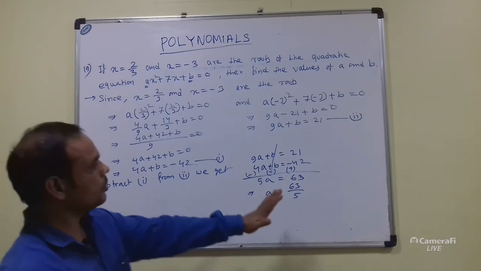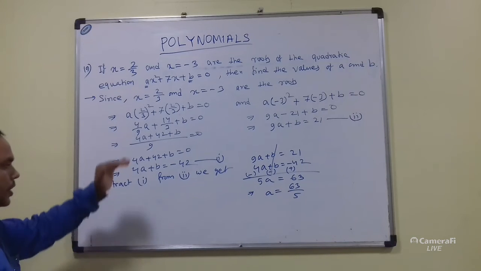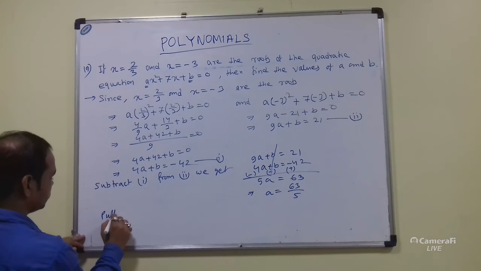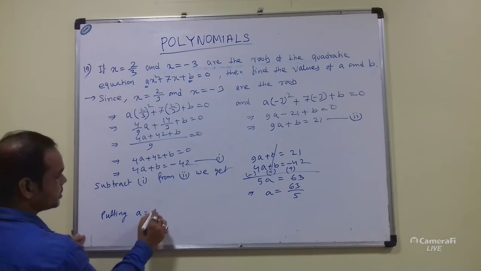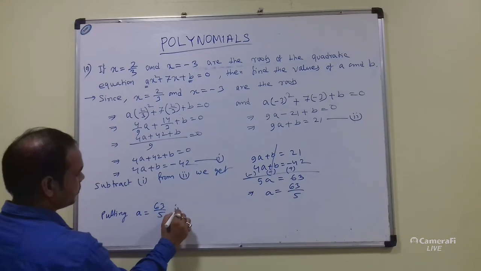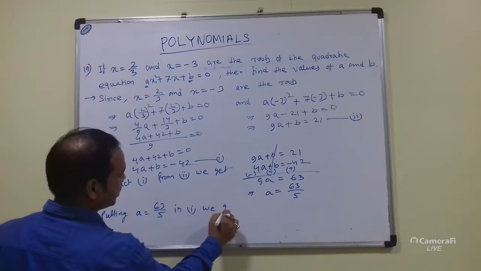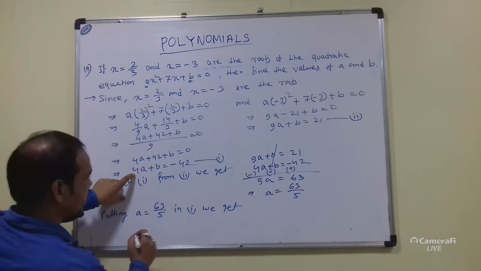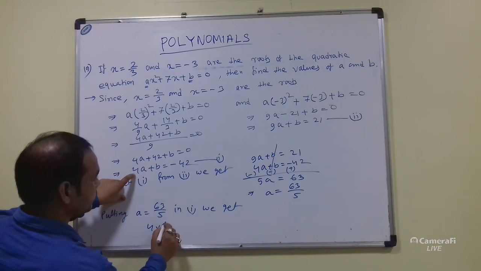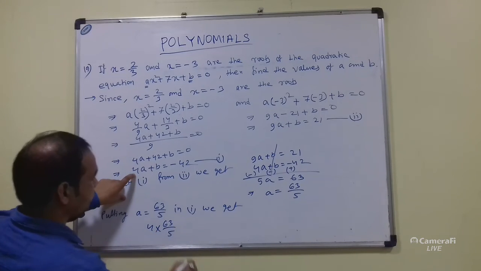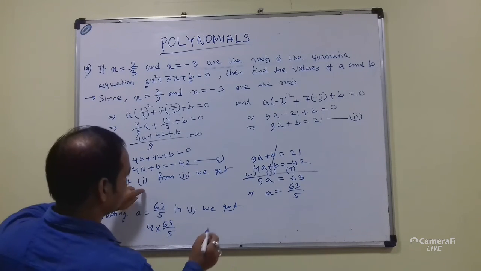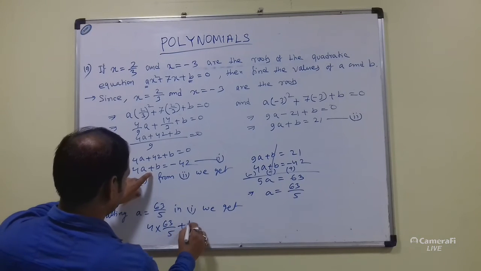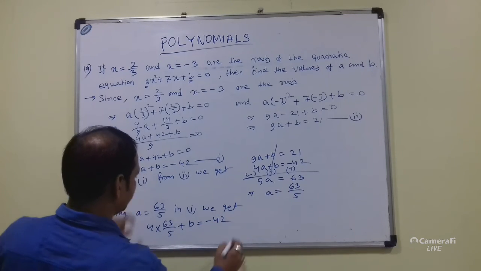Now putting the value of a in equation 1, putting a is equal to 63 by 5 in 1, we get, equation one is 4 into a, so that means 4 into 63 by 5 plus b is equal to minus 42.